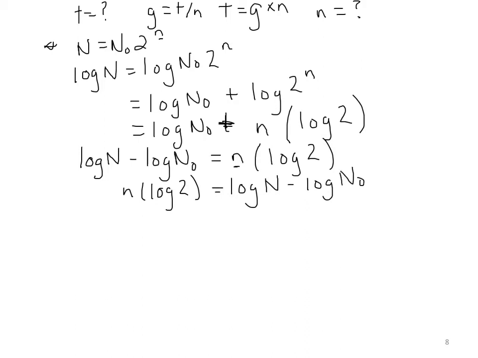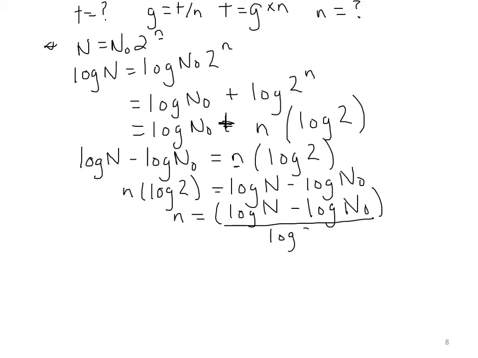Okay, and now I can divide both sides by log 2 and solve for N equals log N minus log N naught, all divided by log 2, which simplifies to log N minus log N naught divided by 0.301.